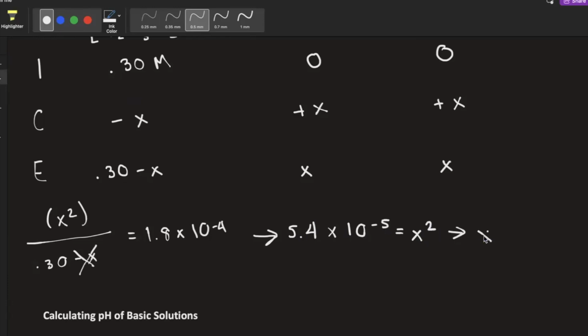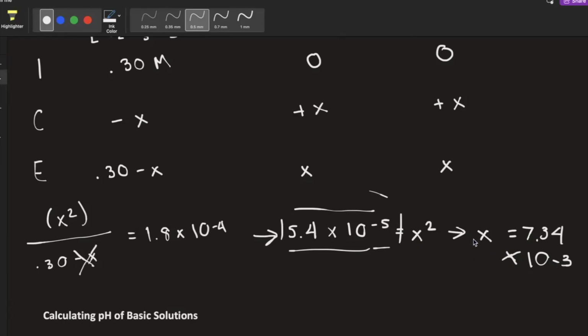To find x, all we have to do is take the square root of this number. So we find that x is equal to 7.34 times, and I'm just writing this here because we're losing space, times 10 to the negative 3.